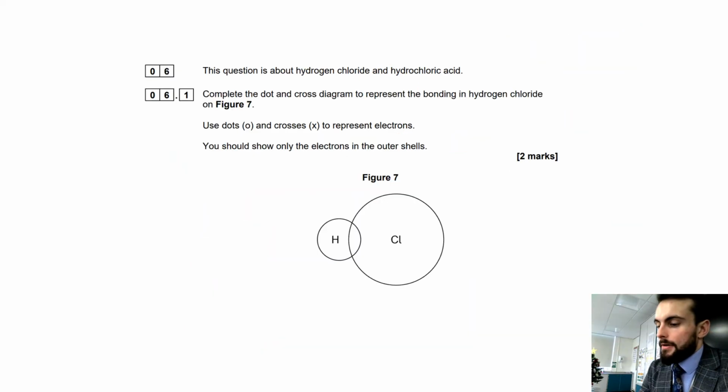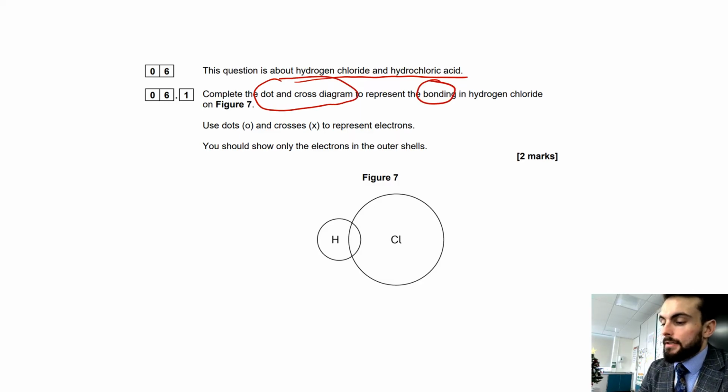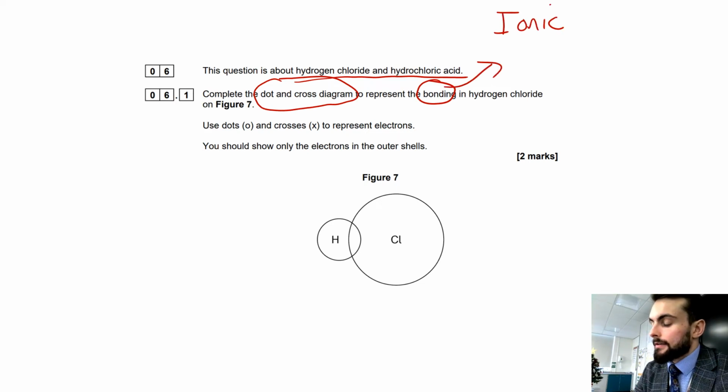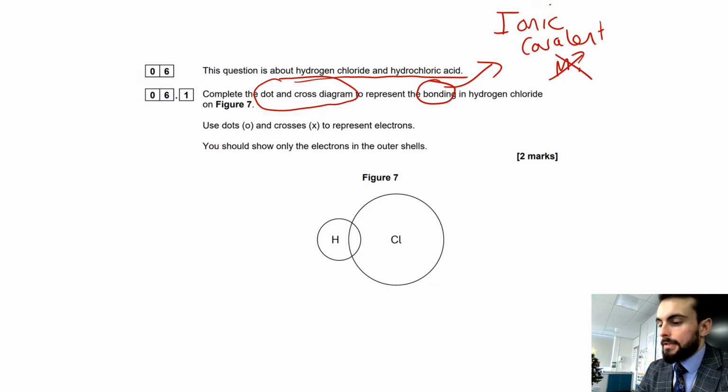So this question is about hydrogen chloride and hydrochloric acid. Complete a dot cross diagram to represent the bonding in hydrogen chloride. And there's two things I'm thinking straight away. I'm thinking bonding, like before. Is it ionic? Is it covalent? Is it metallic? You don't need to do dot and cross diagrams for metallic, so it's not going to be metallic. So then we look at dot cross diagram.